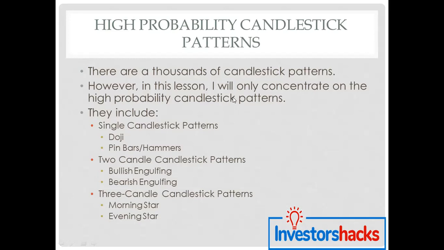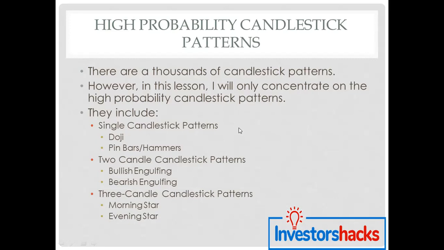That is why I will concentrate on these high probability candlesticks patterns. These types of high probability candlesticks patterns include single candlesticks patterns, two candlesticks patterns, and three candlesticks patterns. Okay, I will classify them into three.